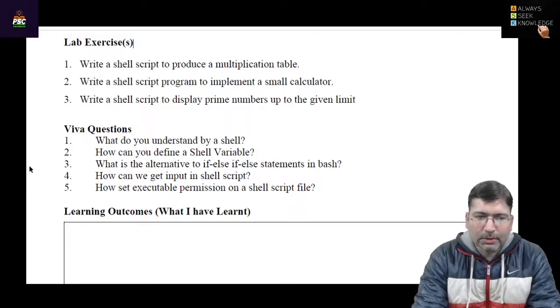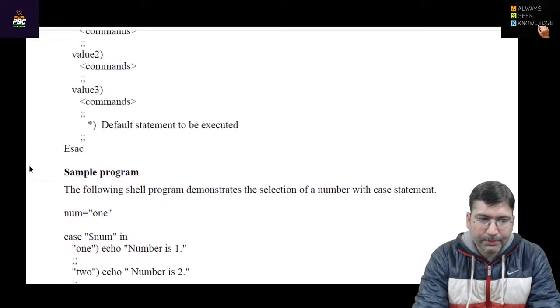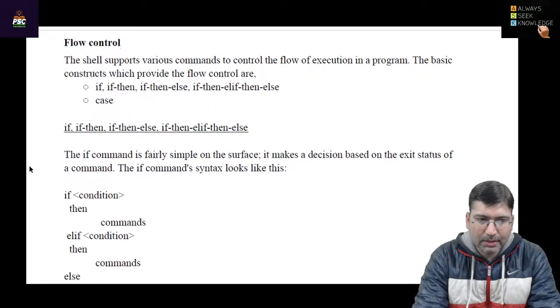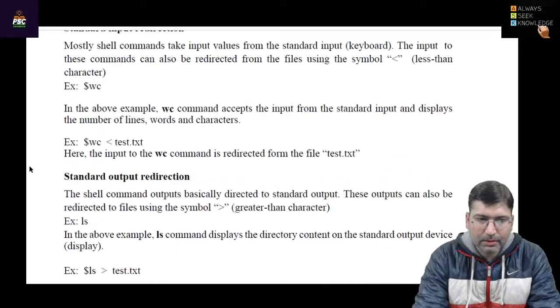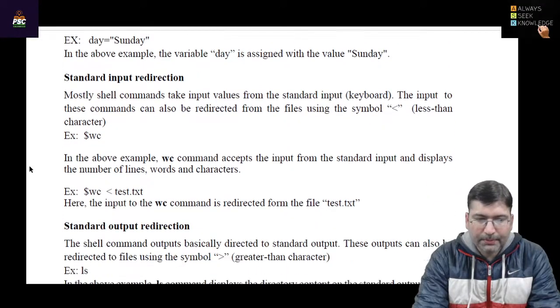For performing all these tasks, you need to know the variable declaration, which I have already discussed. Then you need to be aware of input output redirection, which we have already discussed; you can check the previous video which I have uploaded.